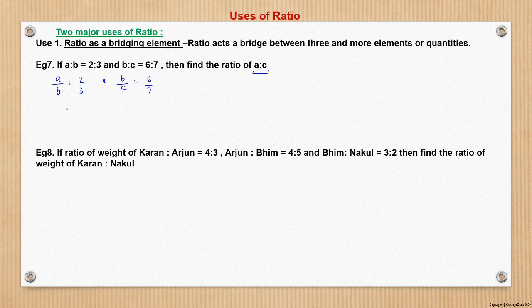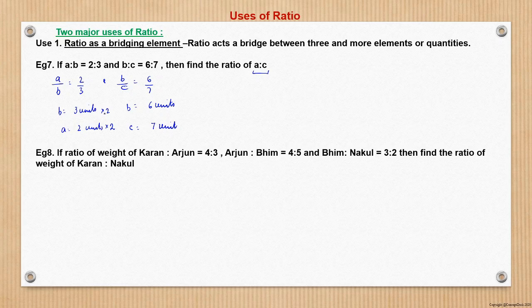So from here we know that b is 3 units, right? And from here we know that b is 6 units. So we will make the common term equal. If I multiply b here also by 2, then a, which was 2 units, I also multiply by 2, and here c was 7 units, right?